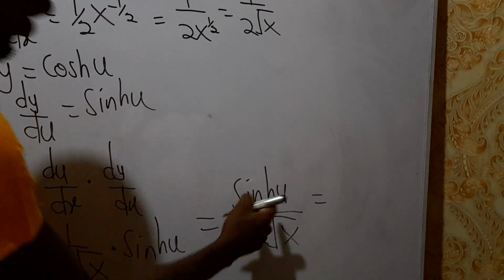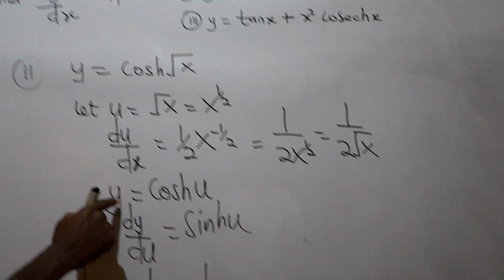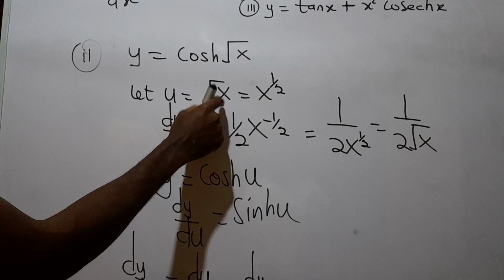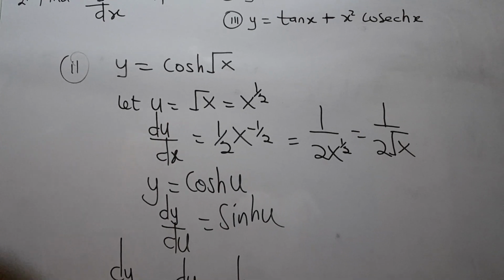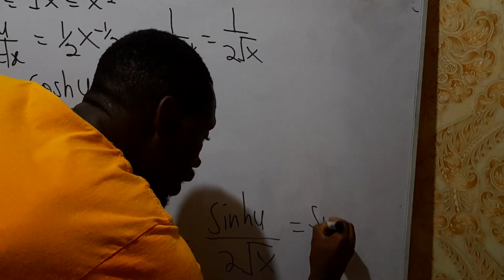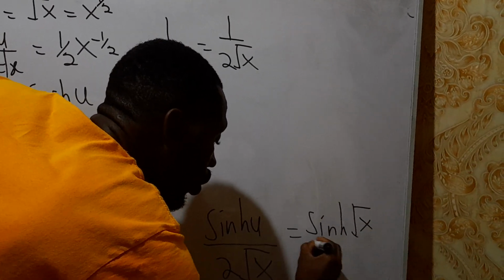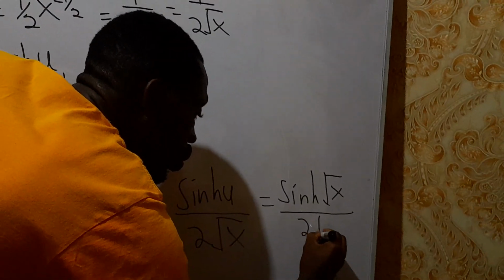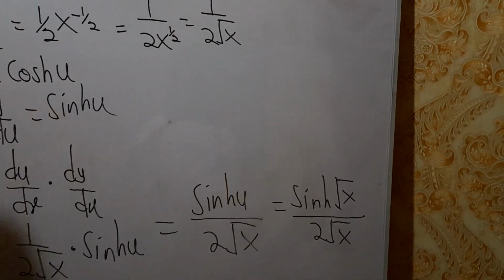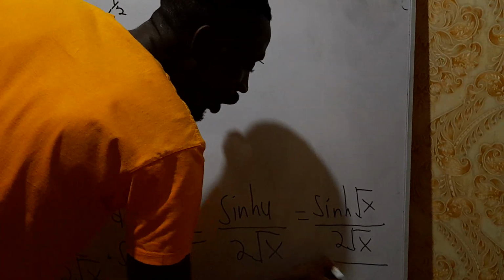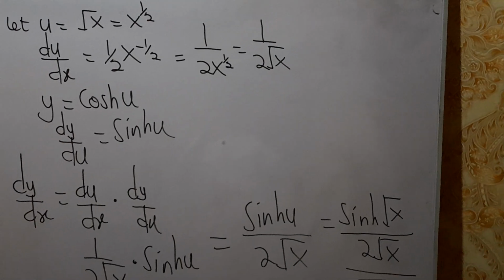Remember u is equal to the square root of x, so we just replace it. So we have sinh root x over 2 root x. Then that becomes the value of dy over dx.